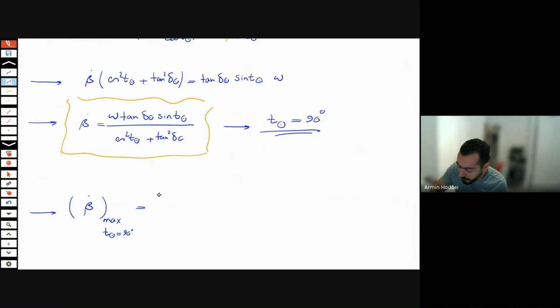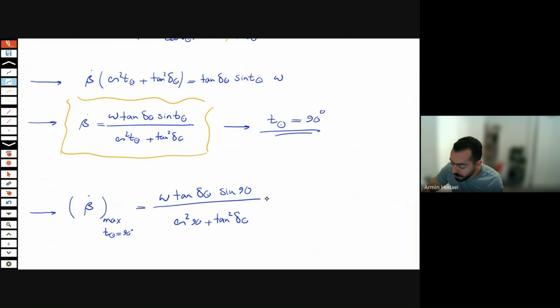So it means omega tan declination sine 90 divided by cosine square 90 plus tan square declination, where this guy is 0, this guy is 1.